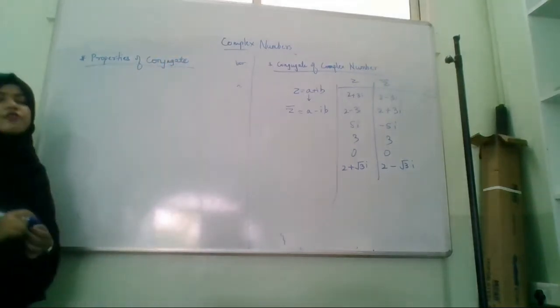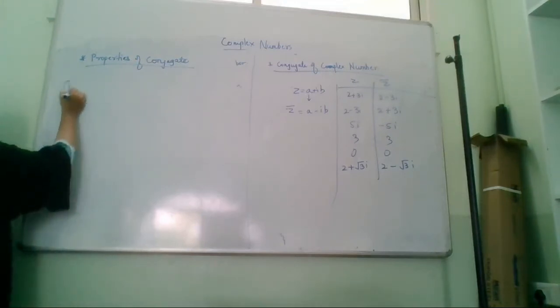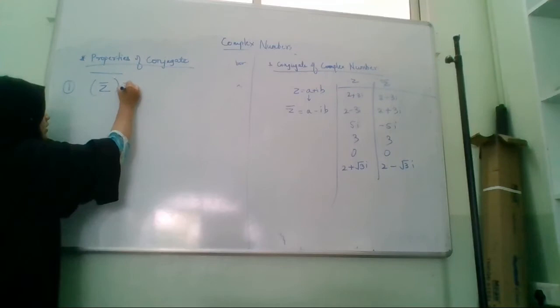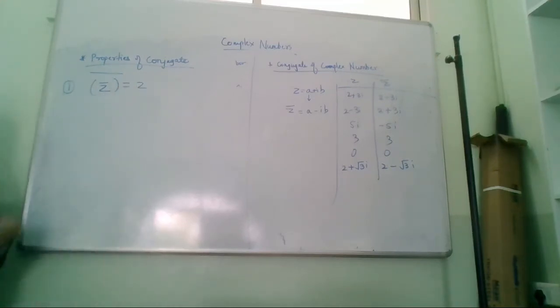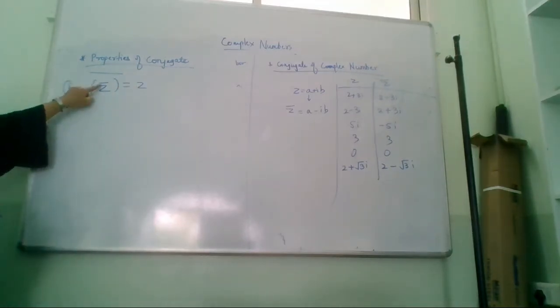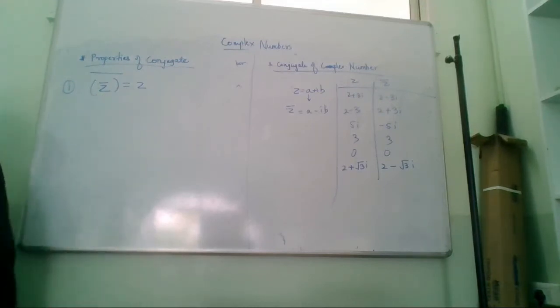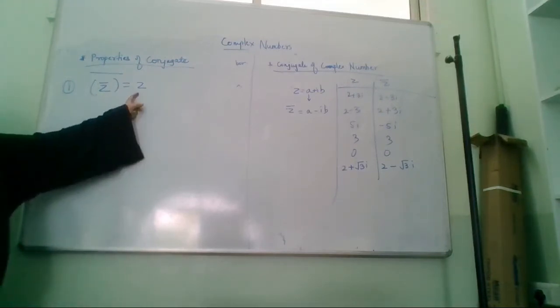The first property is Z bar of bar is equal to Z. It means if you take the conjugate of the conjugate, you get the number Z only.